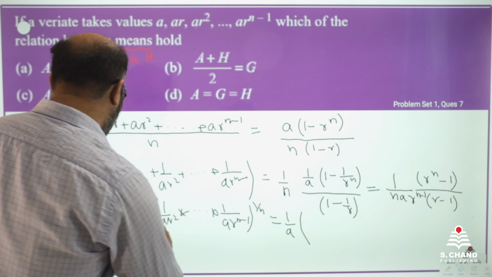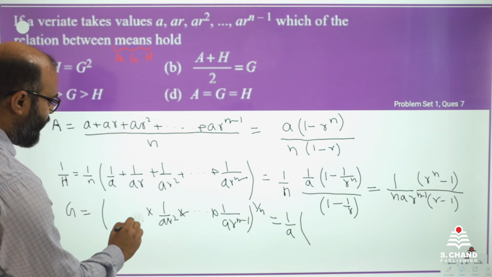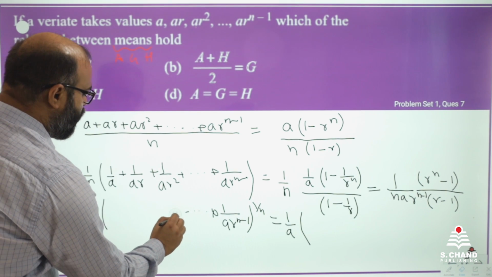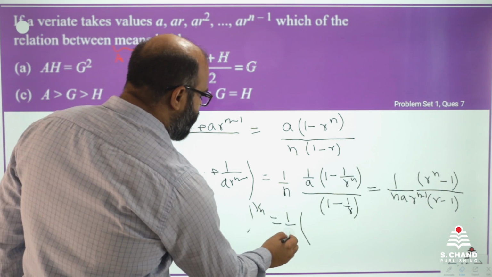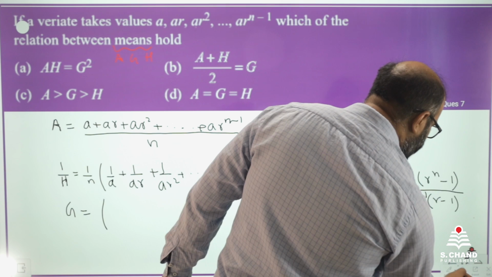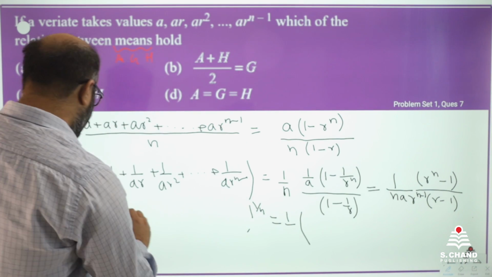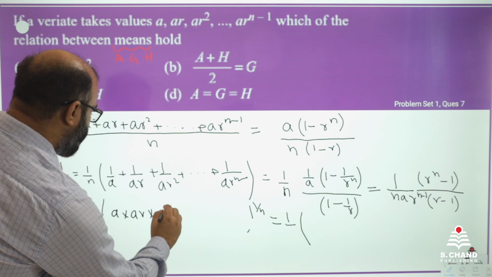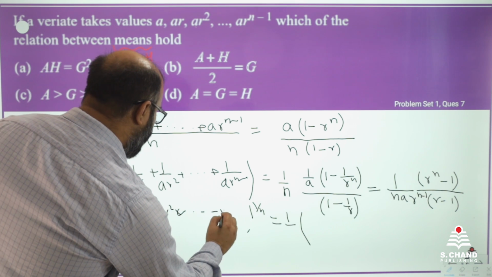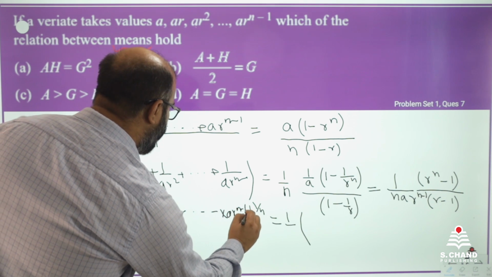The correction is that this is not 1 by A. I mistakenly wrote it as 1 by A because there was harmonic mean taken above. This is actually A into AR into AR square, so on into AR to the power n minus 1.